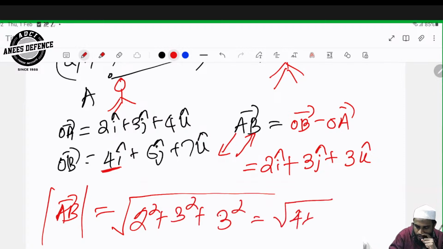The answer will be 4 plus 9 plus 9. 9 plus 9 is 18, plus 4 is 22. So you cannot factor this one. 2 into 11, both are prime numbers. So root 22 is the magnitude of this vector. Understood? Yes, sir.